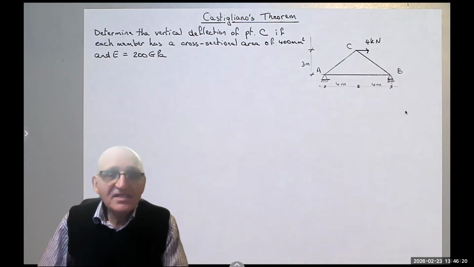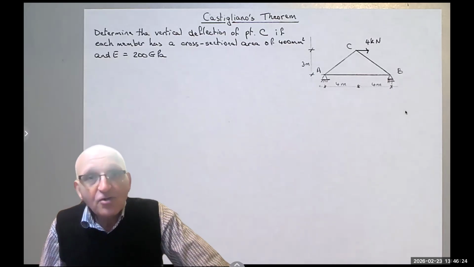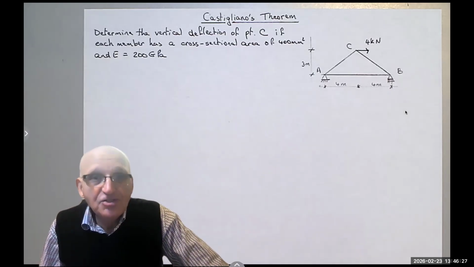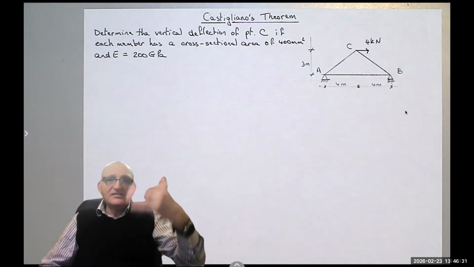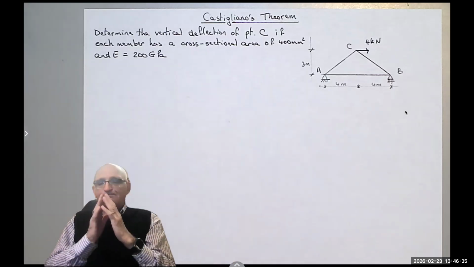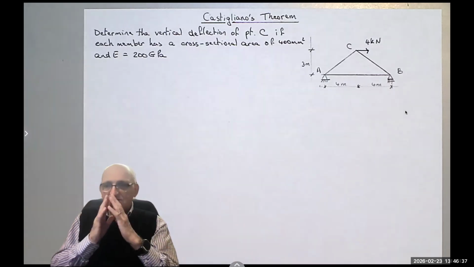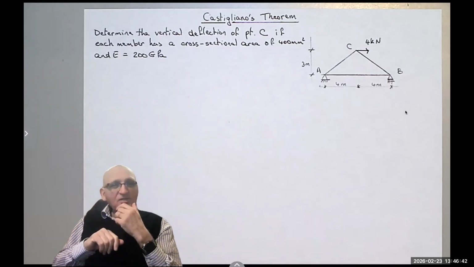So what does Castigliano's second theorem say? It says that if you are looking at a deflection due to a load, notice that loads produce strain, and strain is basically a kind of deflection, right? So you will have rotation and deflection, or slope and deflection. So how do we calculate the deflection?